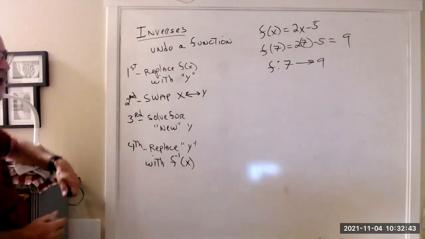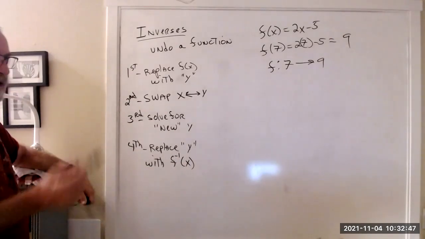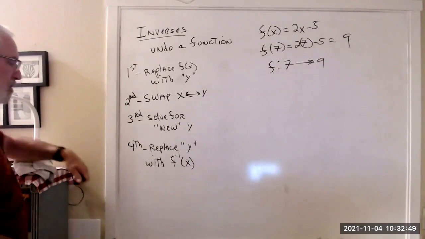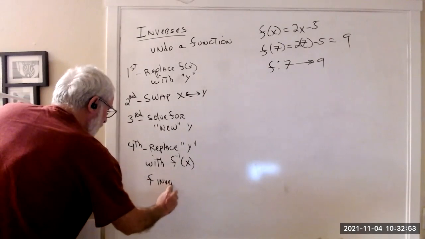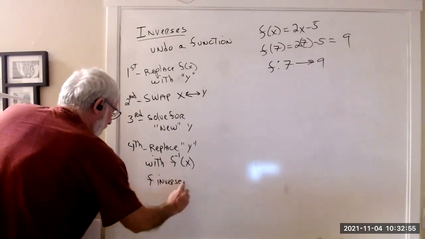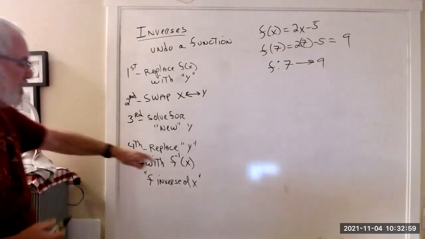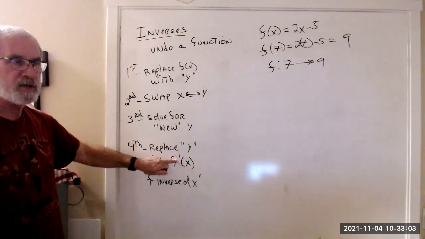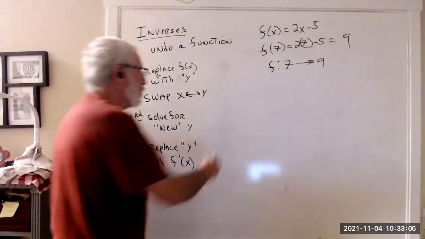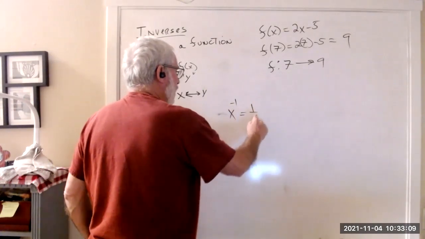Now, we don't say f to the negative 1. This is f inverse of x. f inverse of x. Okay. So the negative 1 power on a function means something different than the negative 1 power on a variable.